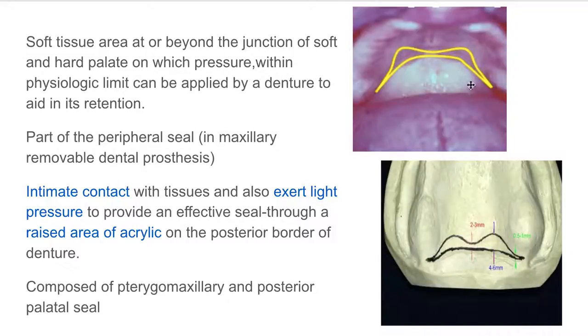So, the seal along the posterior border of the maxillary denture is known as the posterior palatal seal, and this is achieved by a raised area of acrylic on the posterior border of the denture, which is why it is very important to record the PPS accurately. So, it is the soft tissue area at or beyond the junction of soft and hard palate, on which pressure within the physiological limit can be applied by a denture to aid in its retention.